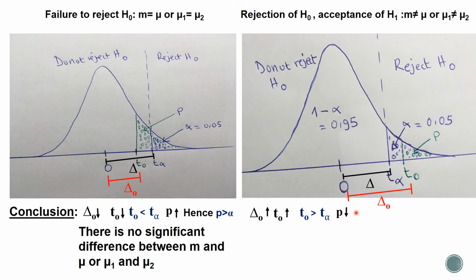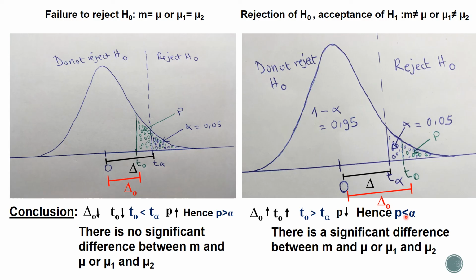So the probability of random sample error would decrease, that is p here, compared to alpha. Hence p will be less than alpha. And then our conclusion is that there is a significant statistical difference between those two or more parameters that we are comparing.